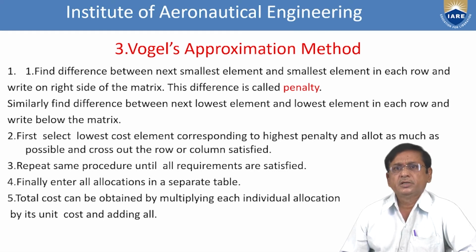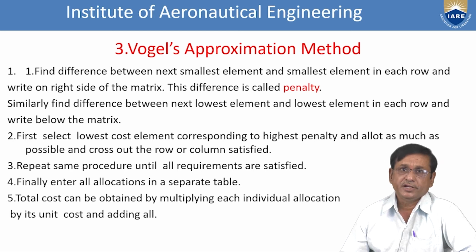Now select the row or column corresponding to the highest penalty, select the lowest element corresponding to it, and allot as much as possible.